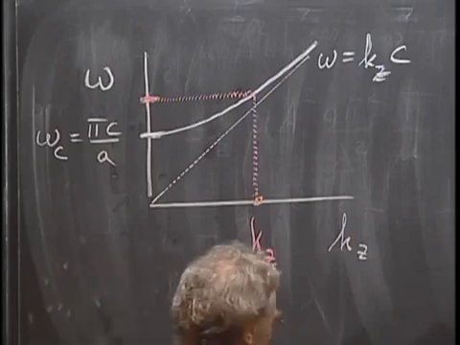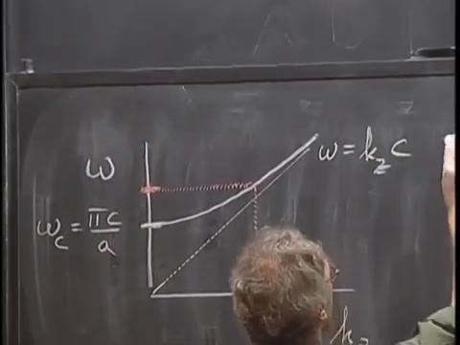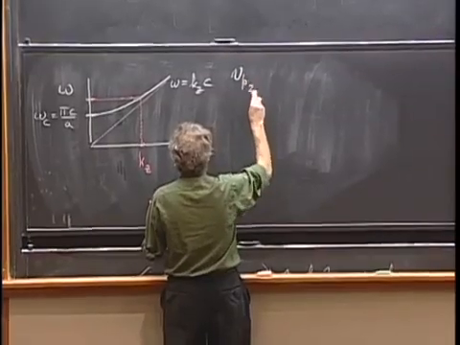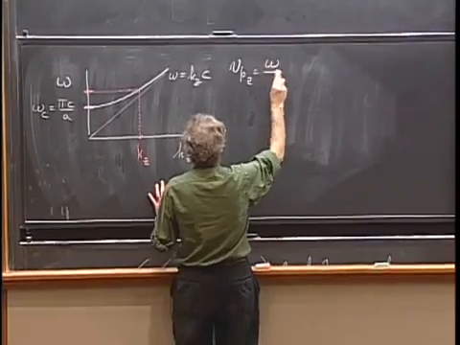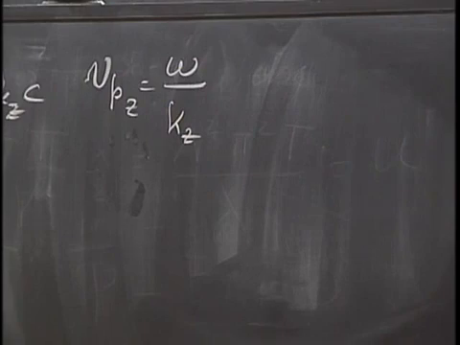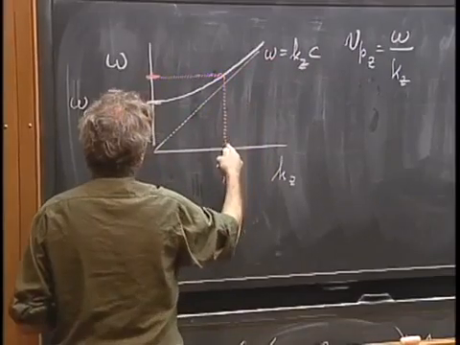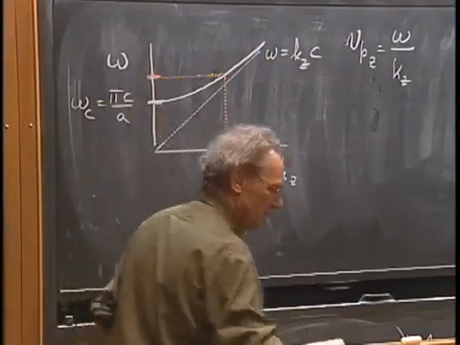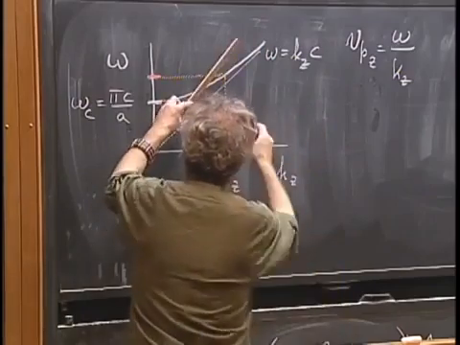The phase velocity in the z direction, v phase in the z direction, is omega divided by kz. Well, look what that means. Omega divided by kz, so I can draw a line here.